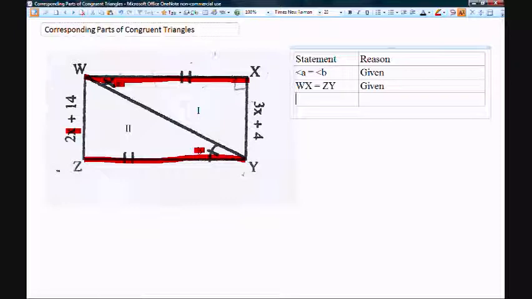Now, there's something that you should be noticing right now, and that is that there is a side that is shared by both triangles, and that will be this diagonal, WY. In your table, you can type that WY is congruent to itself, and that is based on the reflexive property.